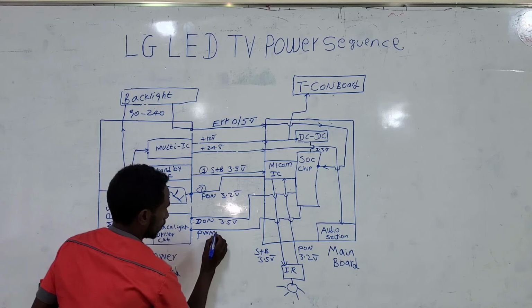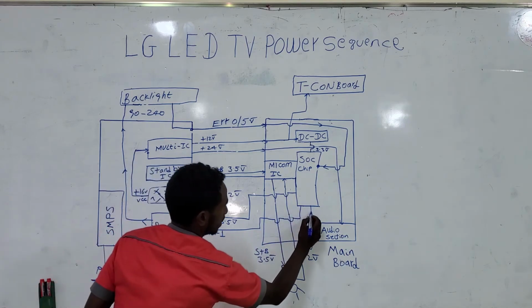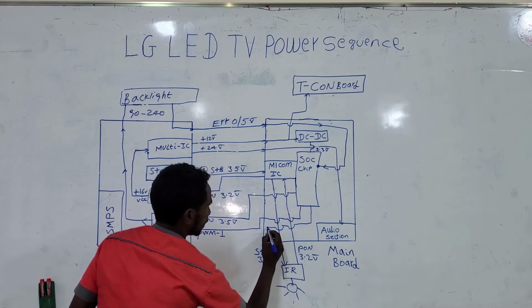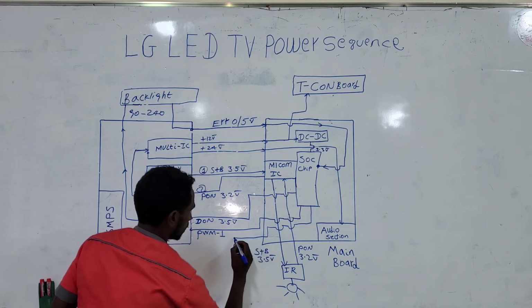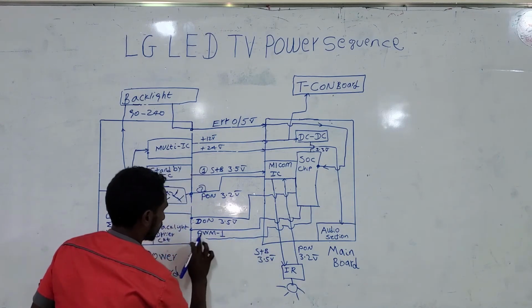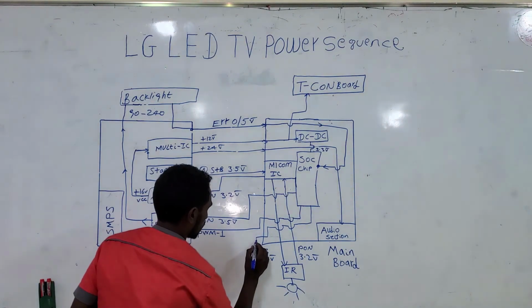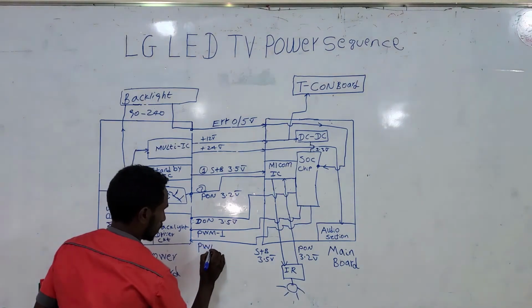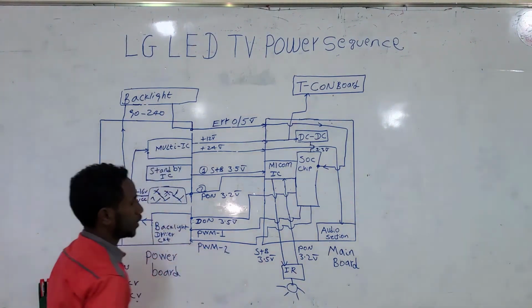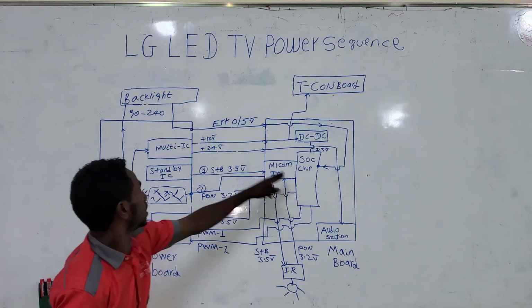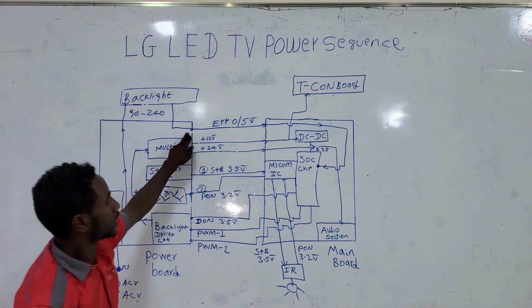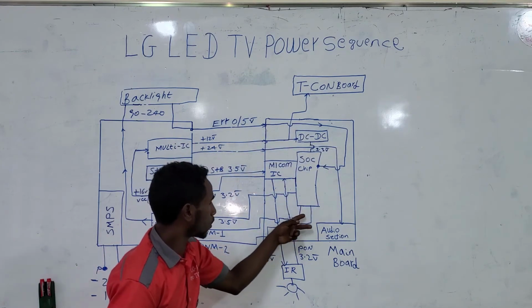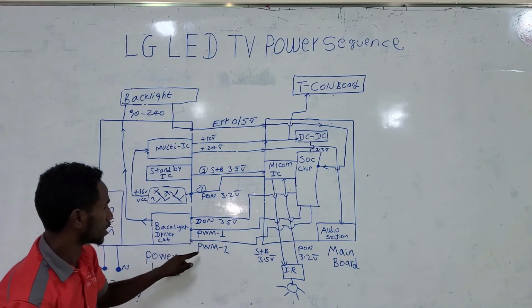PWM 1 and PWM 2. So when the SOC chips receive 0 voltage, the SOC chips send two signals, which are the PWM signal 1 and the PWM signal 2.